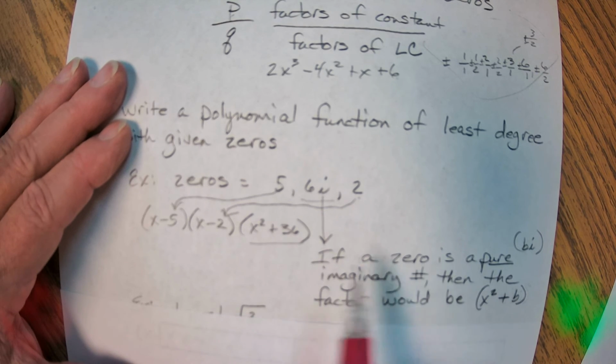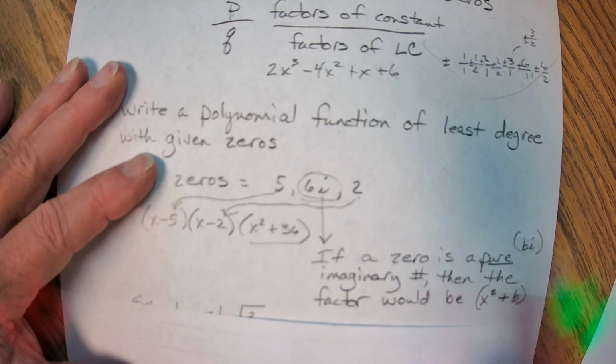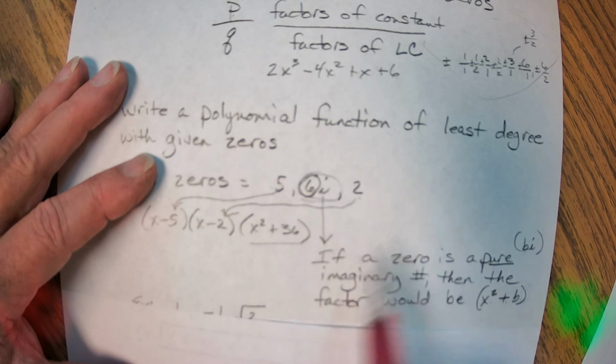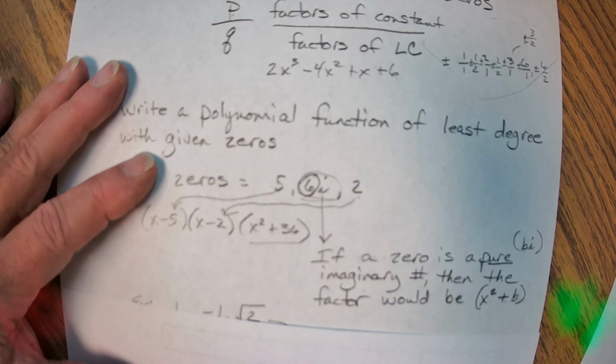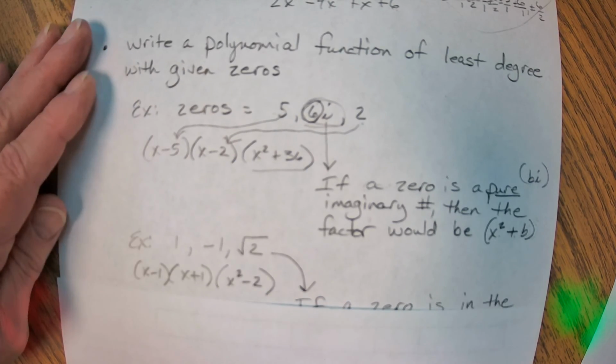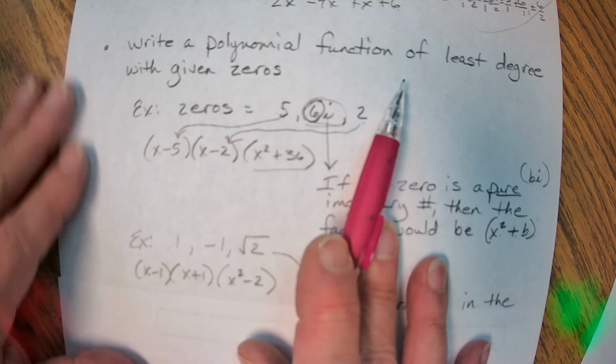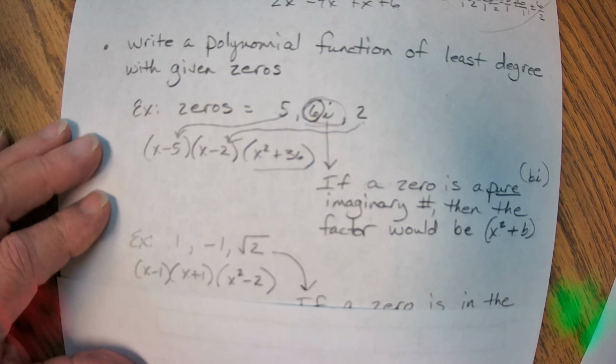If one of your zeros is a pure imaginary number, which that one is because it doesn't have a real part in front of it, then the factor would be x squared plus whatever this is squared. And then you would just multiply these out to come up with the polynomial function of least degree with those zeros.